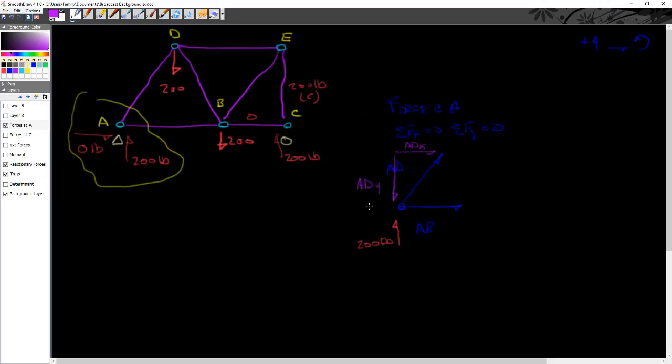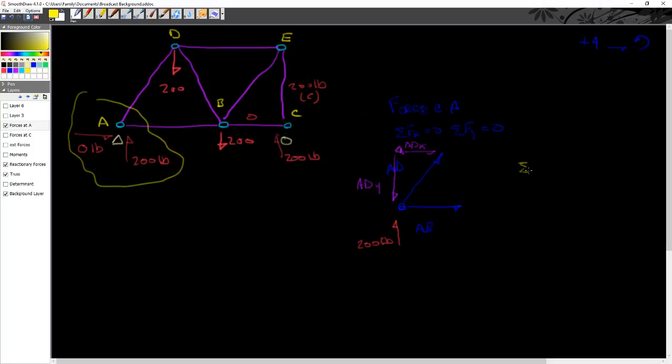Because I know ADY has to oppose ADX. This resultant vector is going to be not quite what I've got drawn there. That resultant vector would be opposite. So let me put ADX going this way. So ADX looks like it's going to be a negative in the x if I've got AB drawn right. So let's start out and solve the summation of the forces in the y direction.